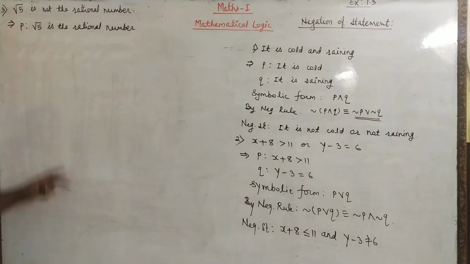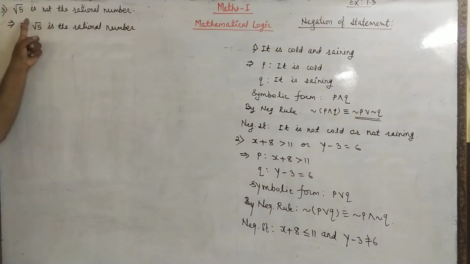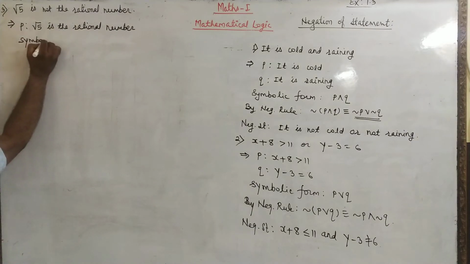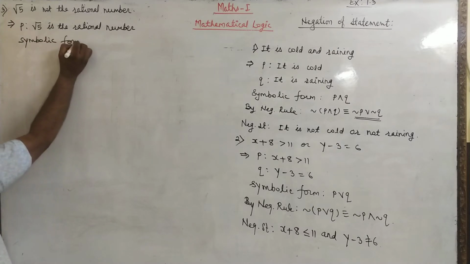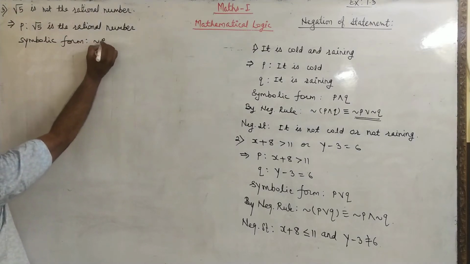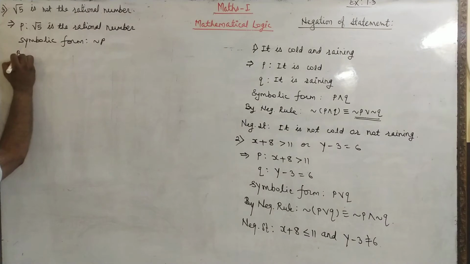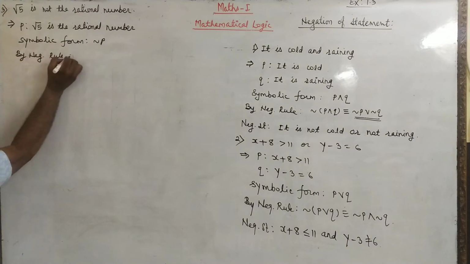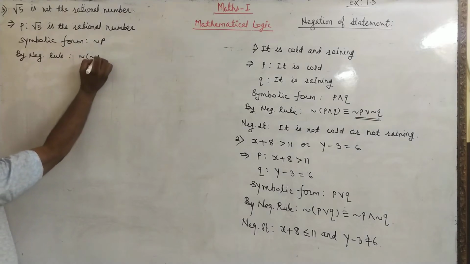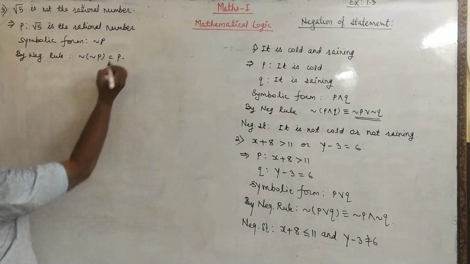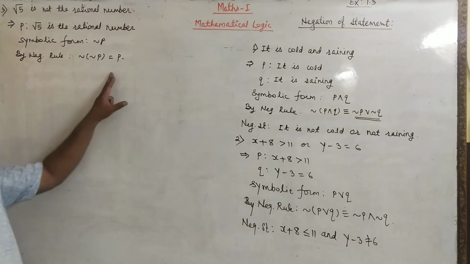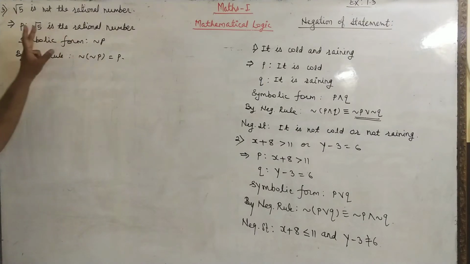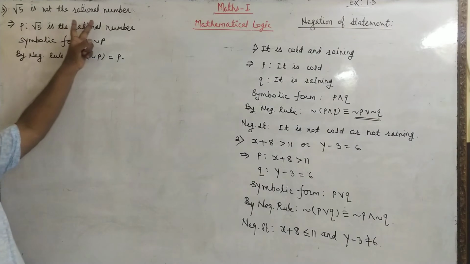Then write down the symbolic form. We have given the statement root 5 is not the rational number. Therefore, symbolic form is negation P. So by negation rule, negation of negation P is simply P. It means we have the given statement root 5 is not the rational number.